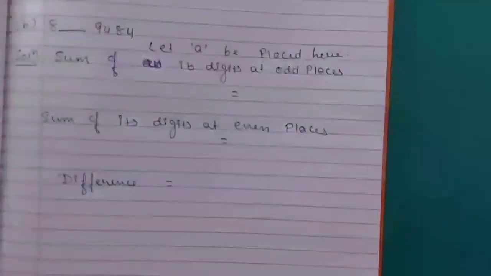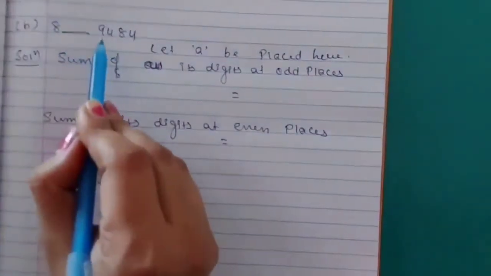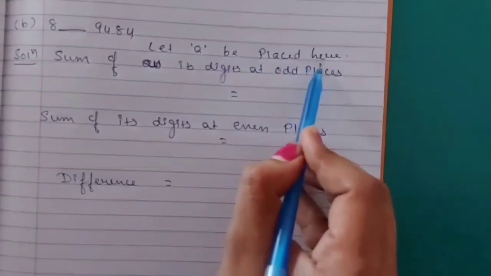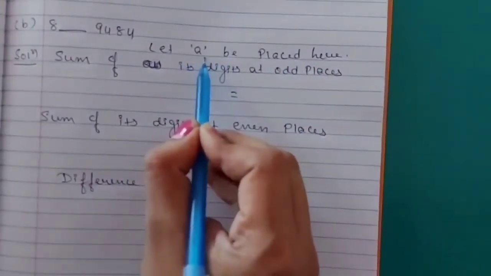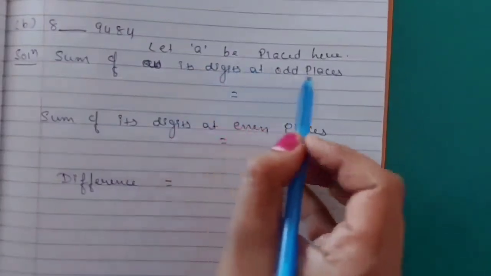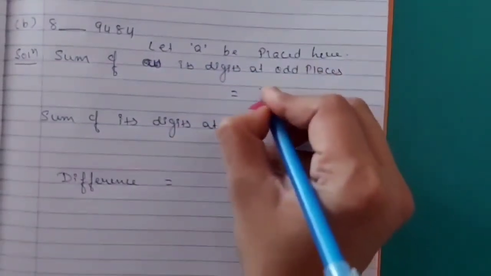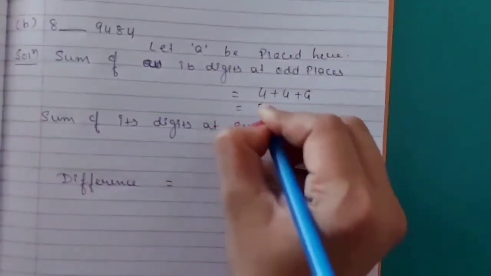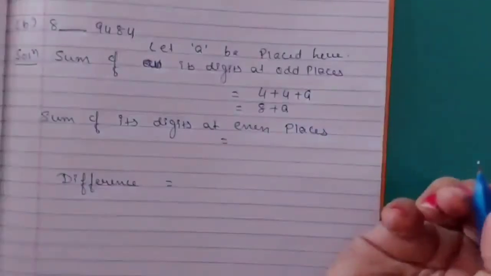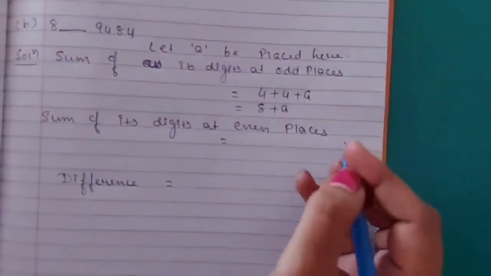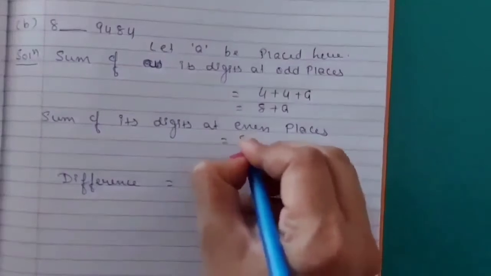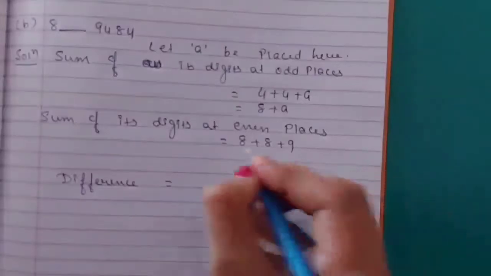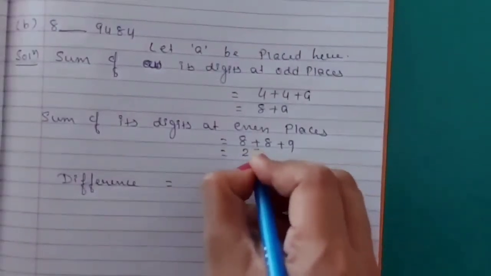Question number B. 8 blank 9484. Let A be placed here, meaning in the missing blank we will place A. Now the sum of its digits at odd places equals 4 plus 4 plus A, that is 8 plus A. The sum of its digits at even places equals 8 plus 8 plus 9, that is 25.